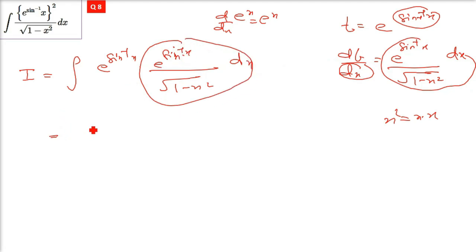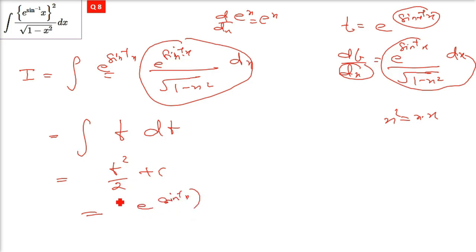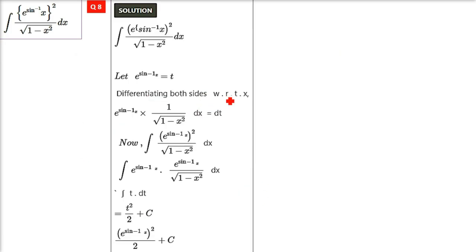We have just done it: e raised sine inverse x was t, and the second term, all of it remaining after e sine inverse x, is dt. So now it's t square by 2. What was t? T is e sine inverse x. So e raised sine inverse x whole square by 2, or you can multiply by half in front, plus constant of integration. This will be your final result.